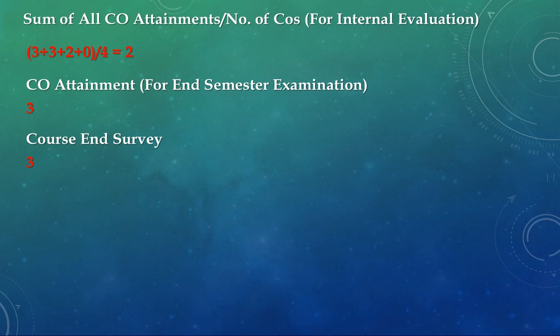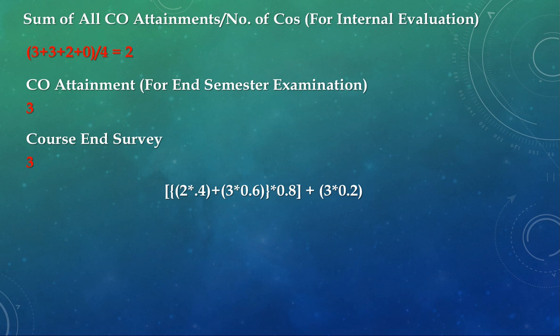So we can sum up like this. This is the formula, so look at it carefully. That is (2 into 0.4 plus 3 into 0.6) into 0.8 plus 3 into 0.2 is the formula.